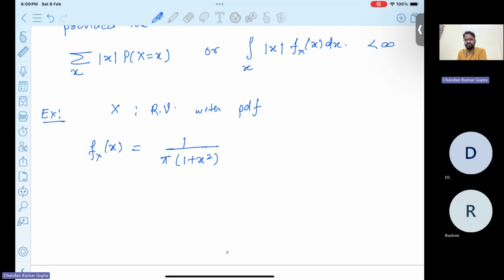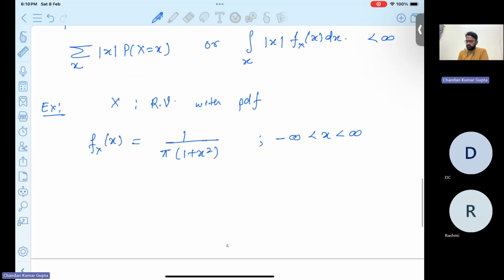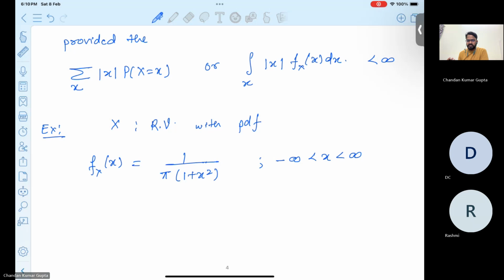This was already discussed in the lecture; I'm just making brief notes. The range of x lies within minus infinity to infinity, meaning it belongs to the real numbers. In that case, we need to calculate the expected value of the random variable X.